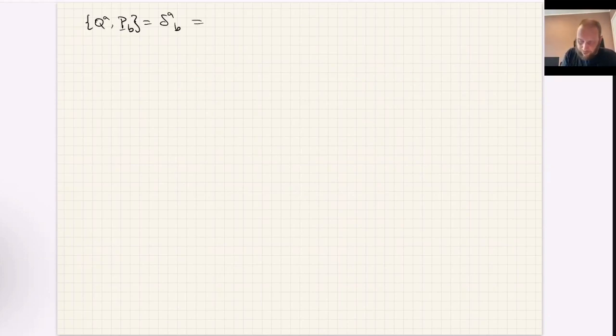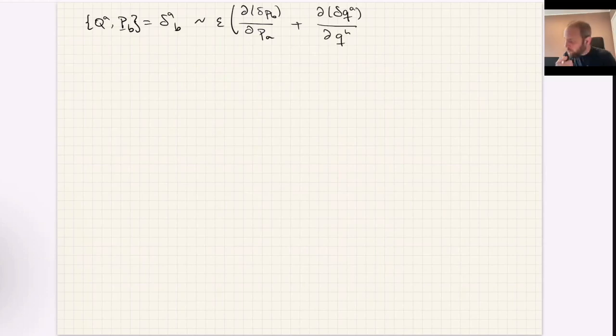This is equal, well, up to linear order in epsilon, this is now equal to epsilon d delta Q, delta PB, sorry, dPA, plus d delta QA dQB.